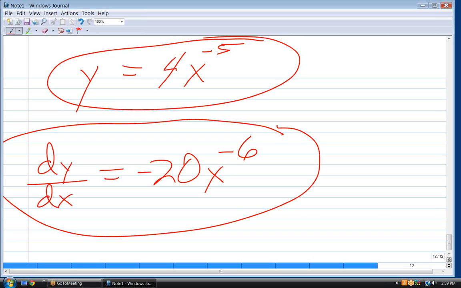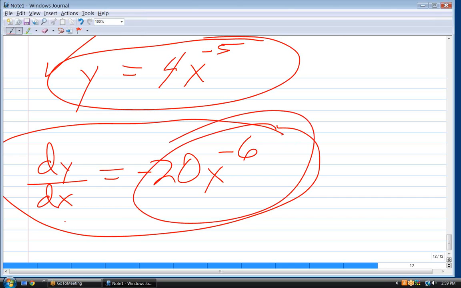Not numbers, not variables, but functions. This is a function up here. So when I apply calculus to that function, I am manipulating that entire function to get this. And that's what both differential and integral calculus are: they're both manipulations of functions.